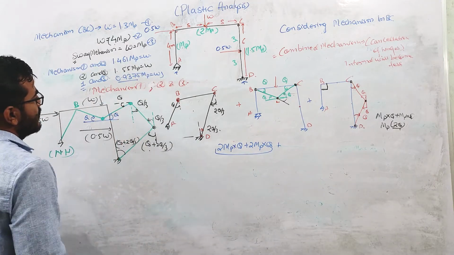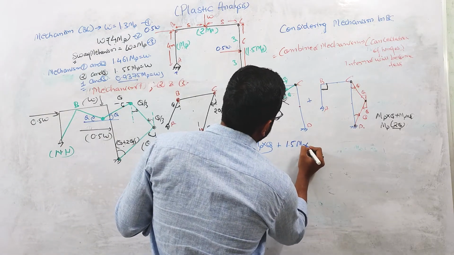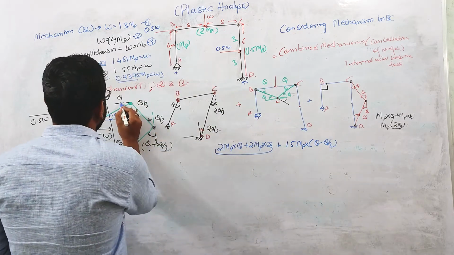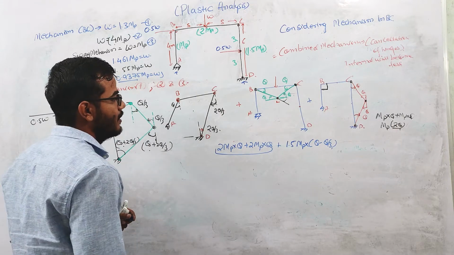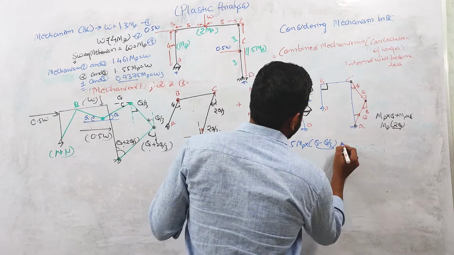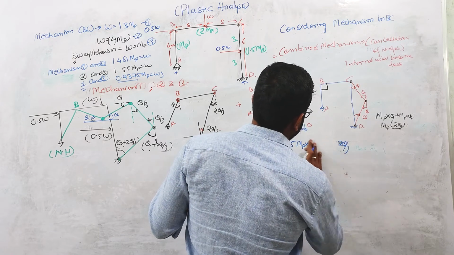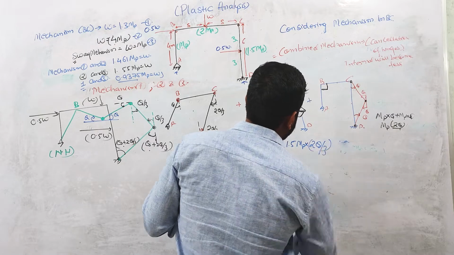Now for this hinge the internal work done will be 1.5 MP into theta minus theta by 3. Both rotations are in the same direction. That's why I have written theta minus theta by 3. This value is basically equal to 2 theta by 3.